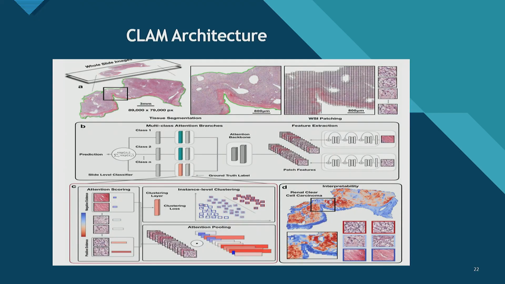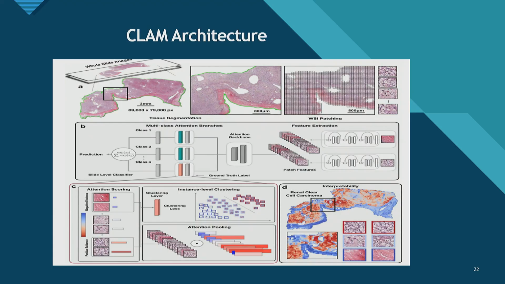If the size of the whole slide image is big, then the number of patches will also increase. For example, in our case, for one image we have more than 1500 and sometimes 20,000 patches. So it depends upon the size of your whole slide.